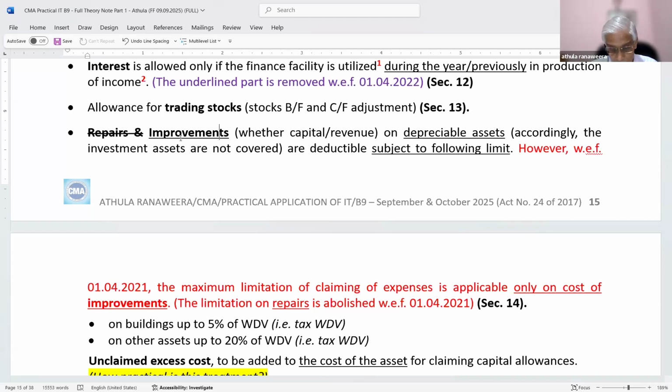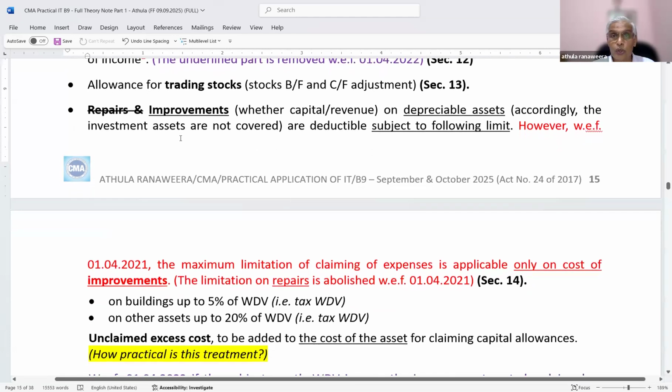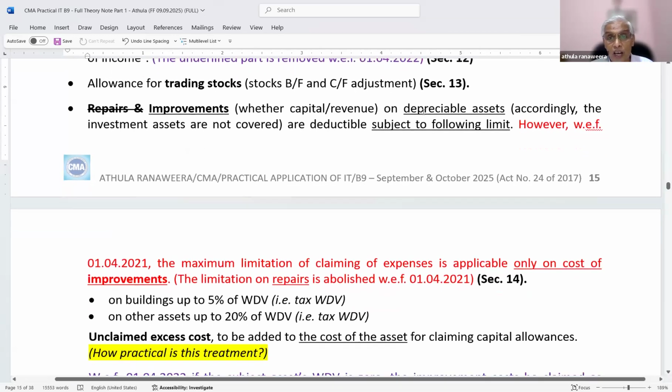Now, nobody can understand the logic behind this. But anyway, that's the law. I don't think even the legislators understood what they are legislating. That may be the reason. Otherwise, there's no reason for them to cover a thing like this, no?